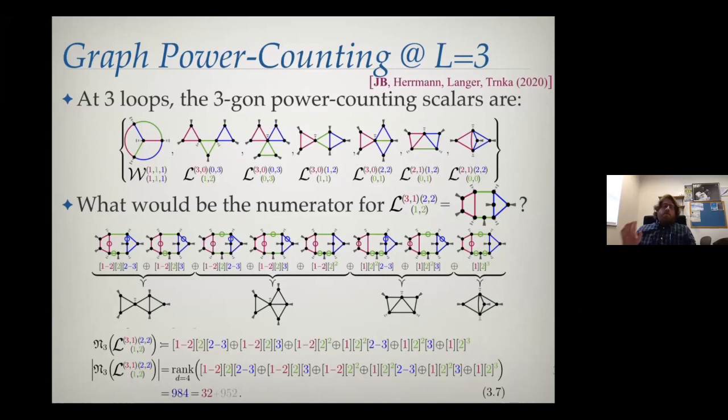Okay, but I want to make clear that this definition of power counting, as far as I know, is the only graph theoretic definition that exists for non-planar integrands. I don't know of any other one, besides trivial modifications. We know that it's not good enough for answering that question of, say, constructing integrands big enough for n equals 4 in a good slice.